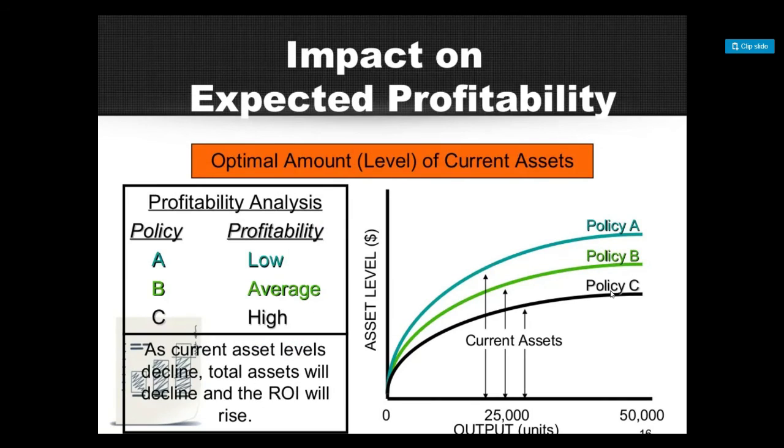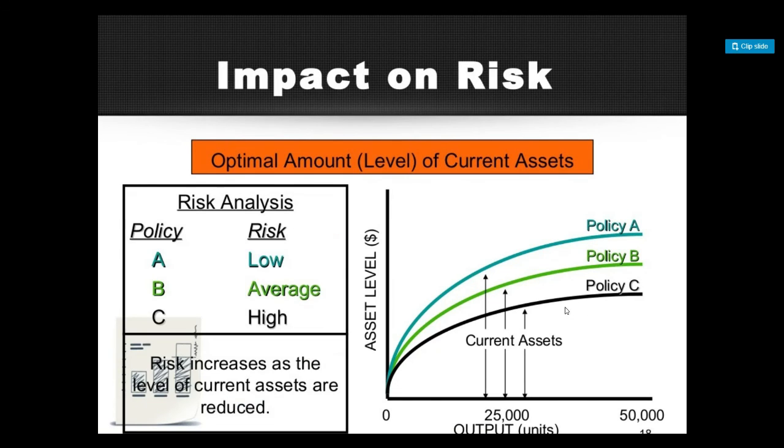In this slide you can see that as current asset levels decline, total assets decline hand in hand and the ROI will rise. Here both things are possible, ROI might rise or it might fall. So risk is there, high risk in policy C.